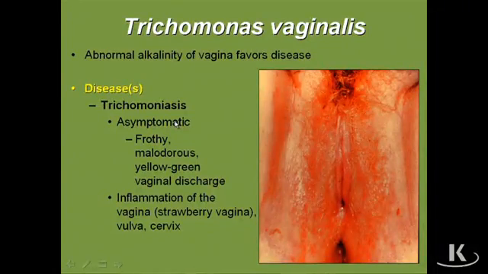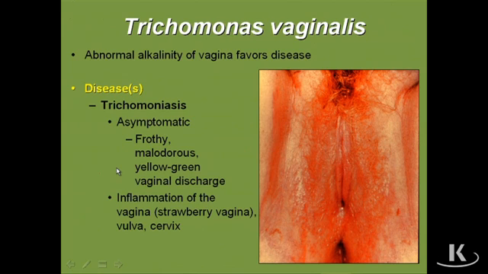Trichomonas vaginalis is actually really high yield for the boards. It's going to be one of the things that you're going to have on your differential for sexually transmitted disease. Trichomonas, and we've talked about this a little bit before when we were comparing it with bacterial vaginosis. You're going to get a discharge, but in this case it's going to be a frothy yellow-green discharge.